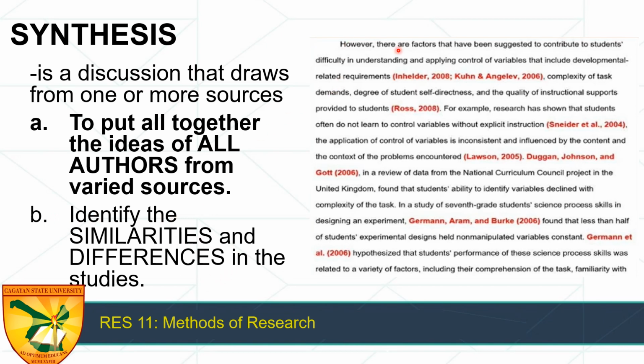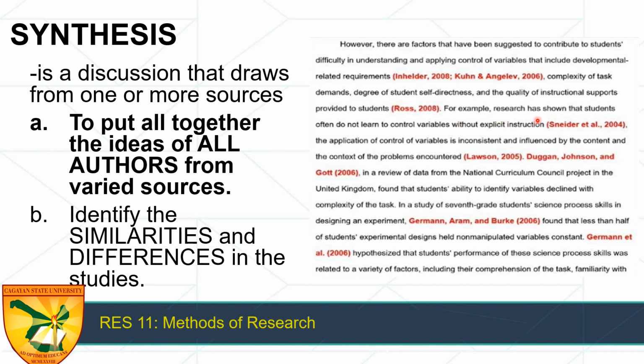So let's look at this example. However, there are factors that have been suggested to contribute to students' difficulty in understanding and applying control of variables that include developmental related requirements by Inhelder 2008, also by Kuhn and Angelev in 2006; complexity of task demands, degree of student self-directedness, and the quality of instructional supports provided to students by Ross 2008.